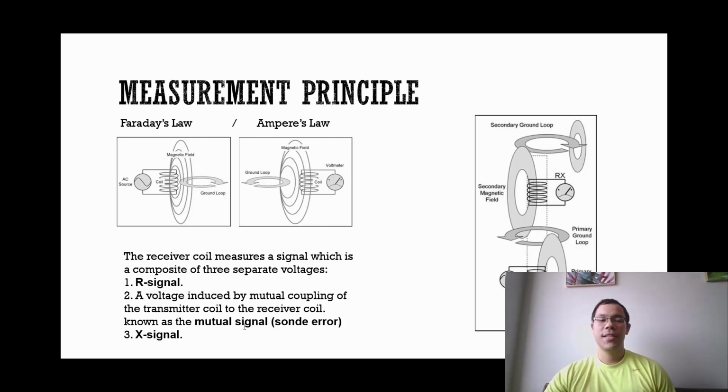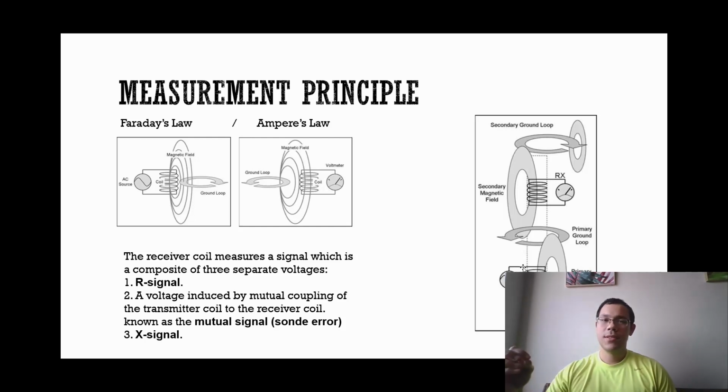Let's talk about the mutual signal. This happens due to the fact that in reality, induction tools are made of several coils. So to put it in short, mutual signals are made of the effect that the transmitter has on the receiver, a direct effect.